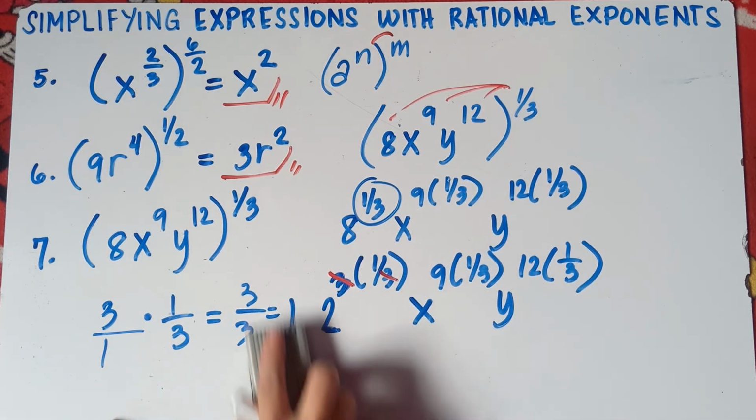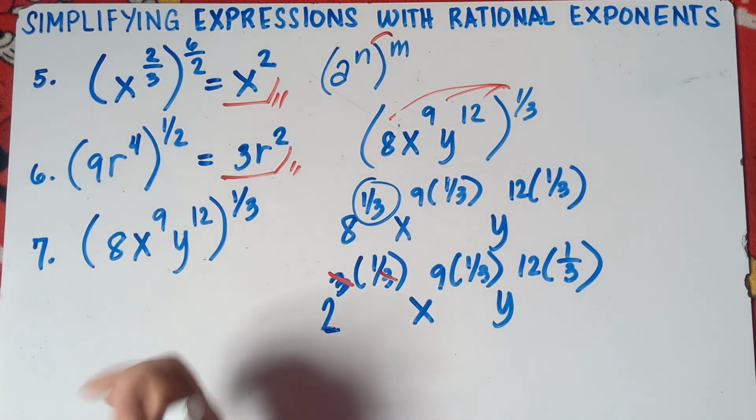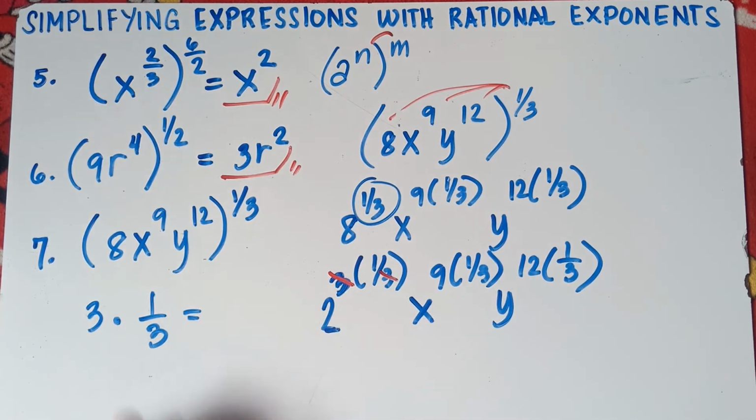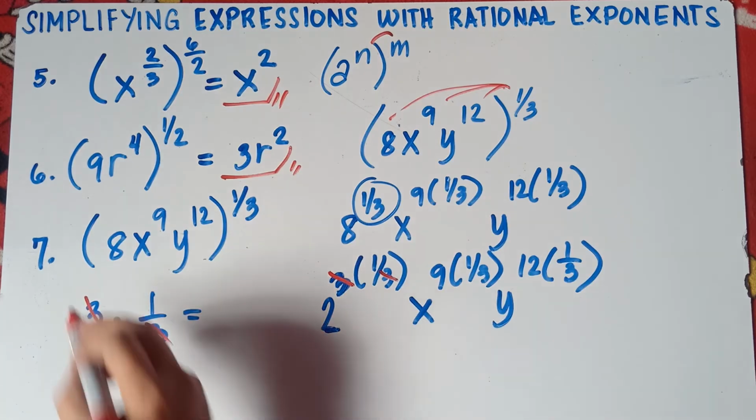Or you can do the cancellation method, 3 times 1/3. So we can divide 3 by 3. 3 divided by 3, that is 1. Okay, this will be 1.